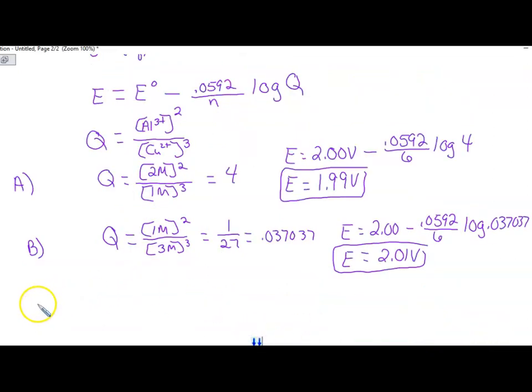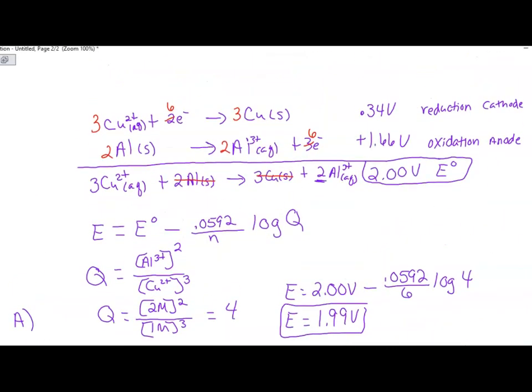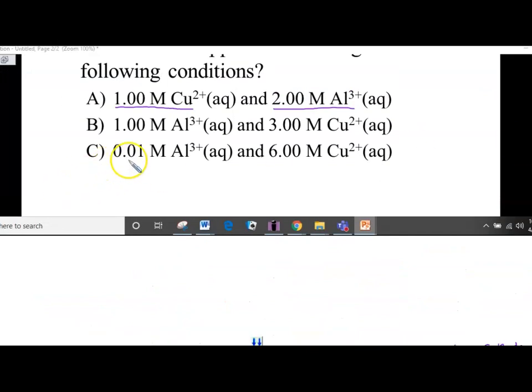Letter C. Chem 101's got some good questions. So letter C, we are going to change both of them, and we're going to see how that's going to roll. So we're going to change the aluminum to 0.01. So aluminum's going to go pretty far down and copper pretty far up. So we're going to hopefully see a voltage.